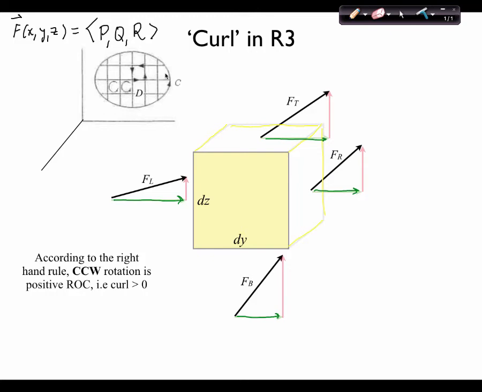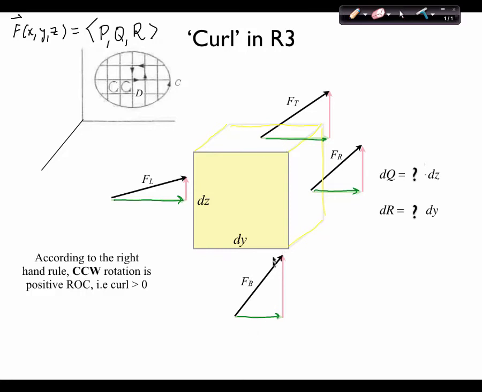Okay, so when I talk about change in Z, what's going to contribute to rotation for change in Z? My Q's or my R's?